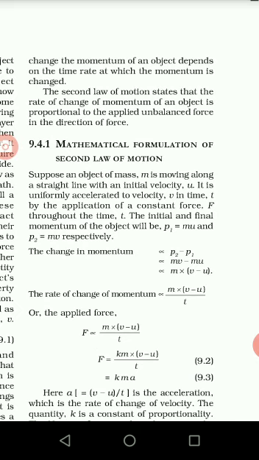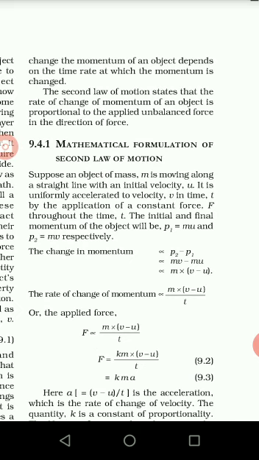Got it? Listen again. The second law of motion states that the rate of change of momentum of an object is directly proportional to the unbalanced force in the direction of force.